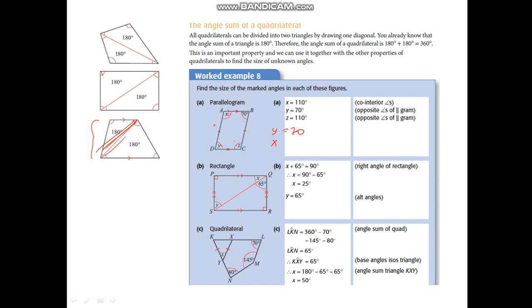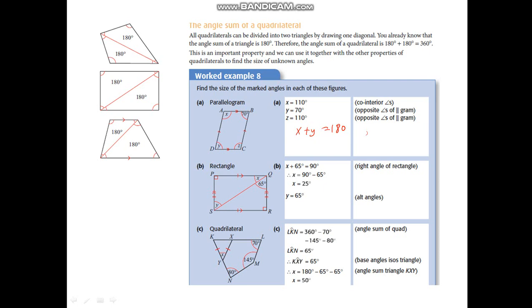Also, I know x is equal to z, also opposite angles, but I don't know x and z. How can you find x and z? If you remember, in parallel lines we had learned two co-interior angles add to 180. So x plus y is equal to 180 degrees.